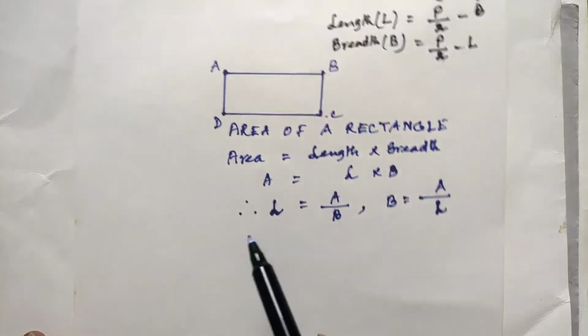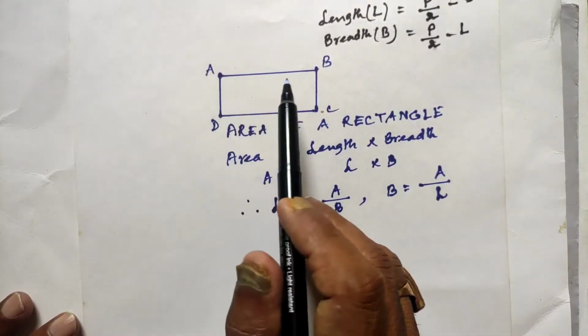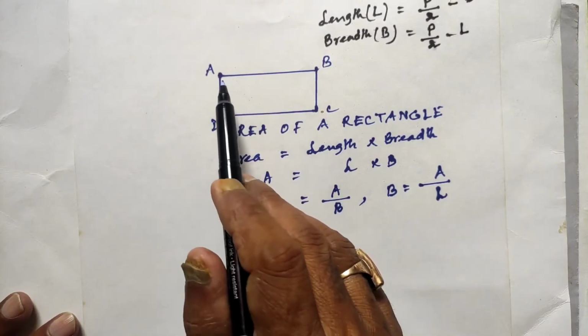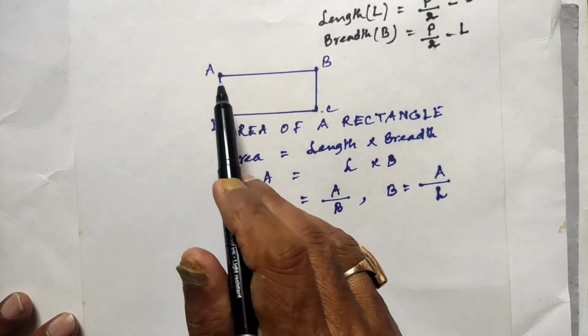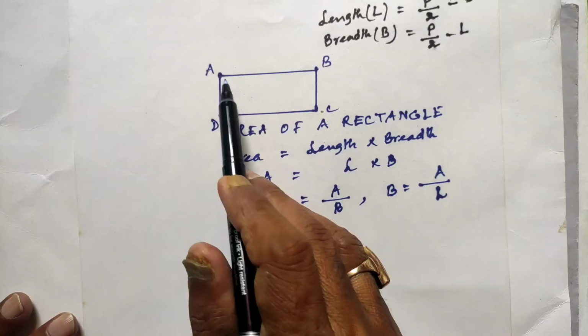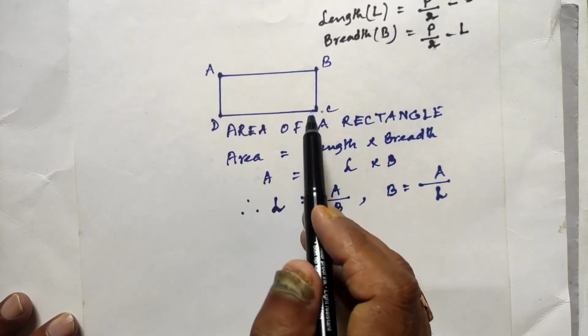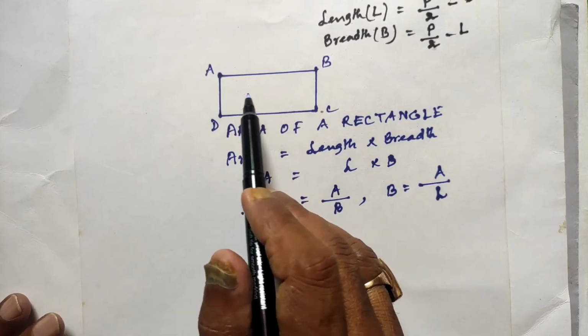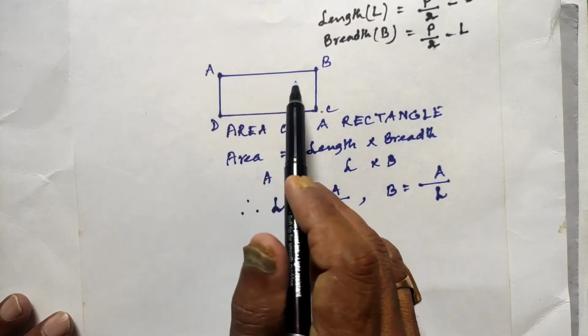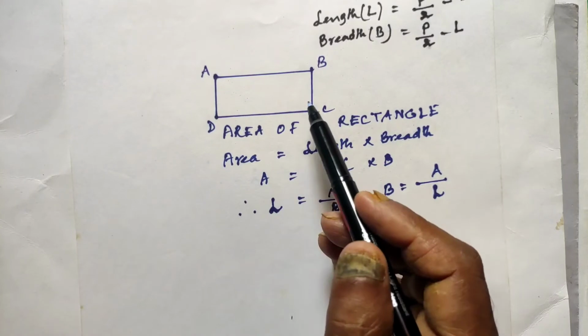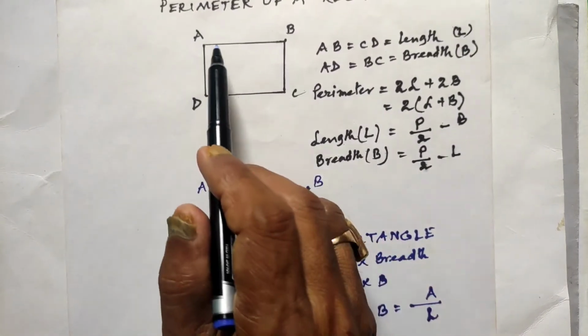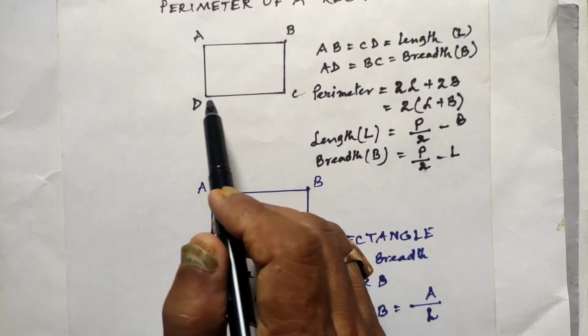But remember that when we talk about area, we are talking about the space which is bounded by these 4 lines of the rectangle. Inside space which is bounded is called area. But in case of perimeter, we are talking only about the boundary lines.